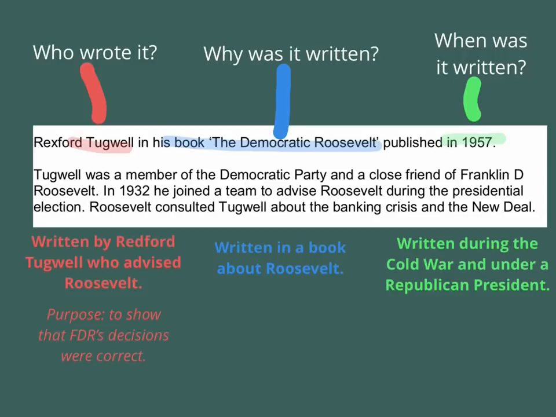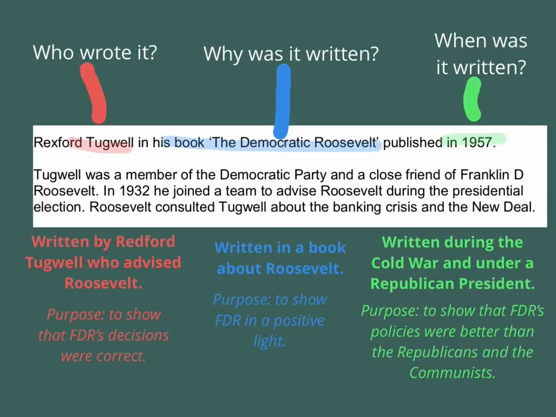So his purpose would have been to show Franklin Delano Roosevelt in a positive light. And then finally, it was written in 1957, which is a similar time frame to interpretation A. So we know it was written during the Cold War, and it was written under a Republican president called President Eisenhower. As a result, we can assume his purpose was to show that Franklin Delano Roosevelt's policies were better not only than the Republicans, but also better than the Communists during the Cold War.